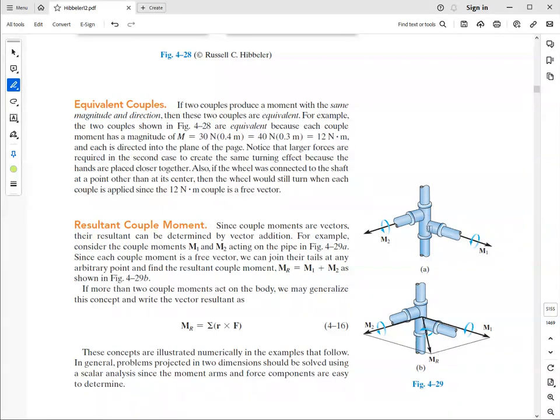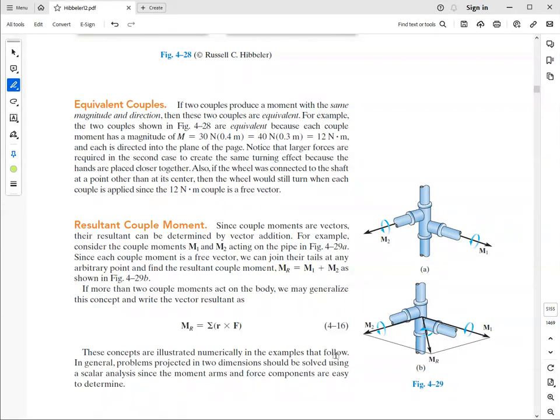The point of summation, or where I represent the resultant moment, does not matter. It's not necessarily about the effect upon the body itself, but rather the effect upon the environment to which the system is connected.